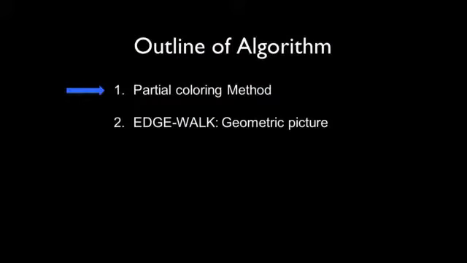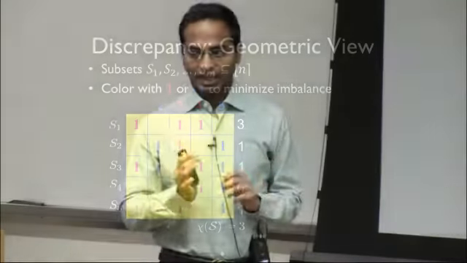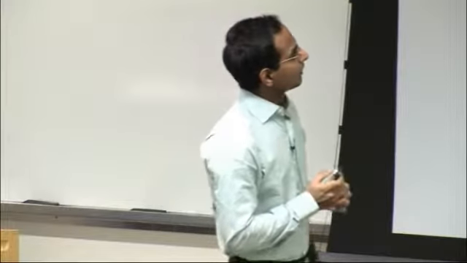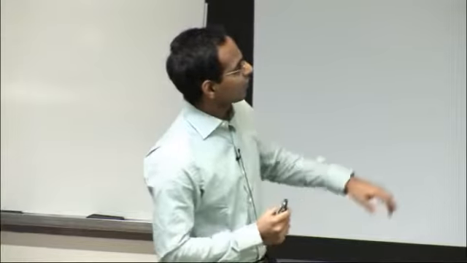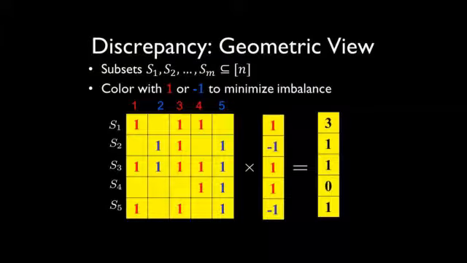So let me now talk about the Edgewalk algorithm. And to motivate the algorithm, let me rephrase the problem in a geometric language. So here's the discrepancy setup. You want a coloring which minimizes the maximum imbalance. But there's a different, or perhaps more intuitive, way of measuring the discrepancy, which is to look at the matrix vector product of the incidence matrix of the set system with the coloring vector.